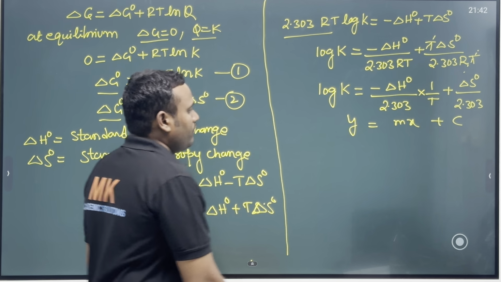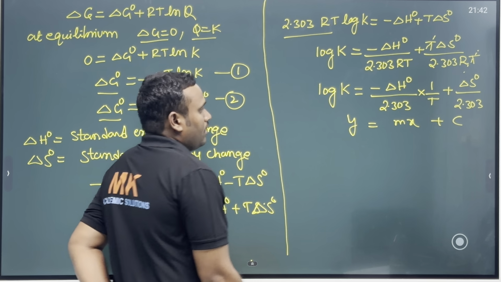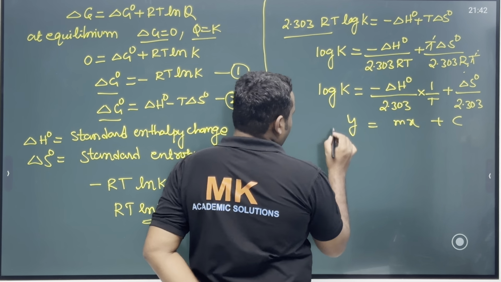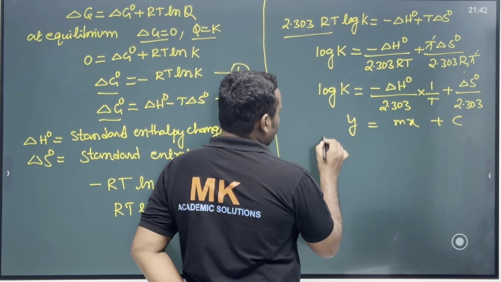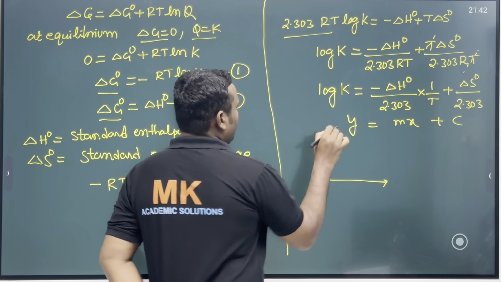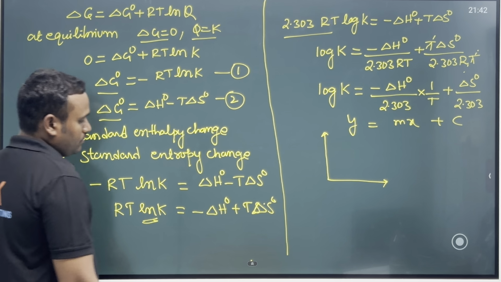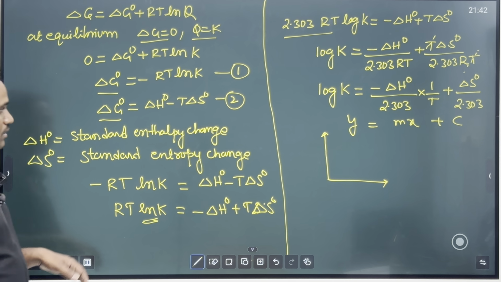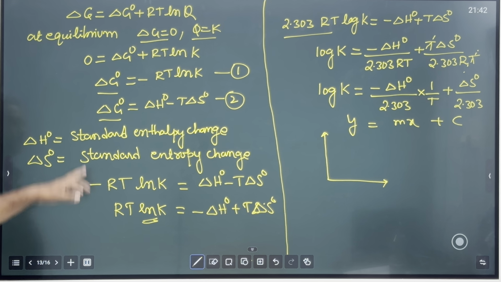When you plot a graph between log K and inverse of T, how will we get the graph? We will draw the graphs on the next page. Right, this is clear now.